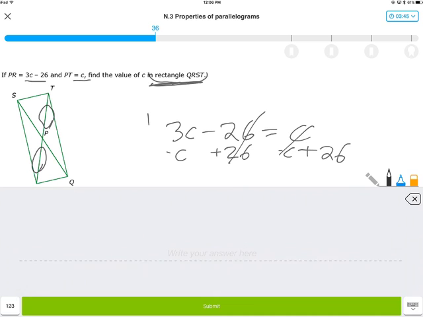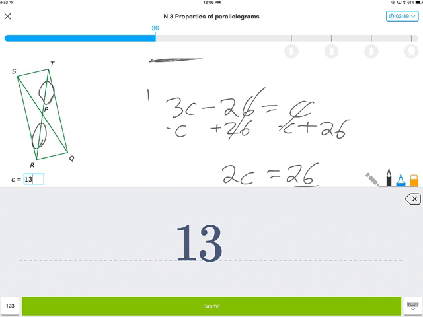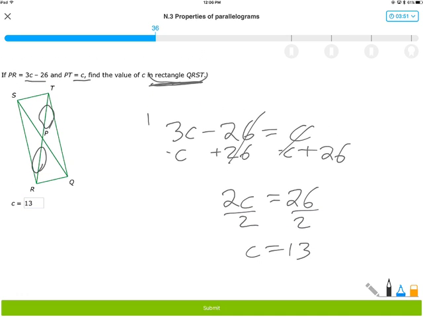Now I said just take it from me that this is a parallelogram. Why is a rectangle a parallelogram? Well, the definition of a rectangle is a four-sided figure with four equal angles, which means they must all be 90 degrees. So think about this. If I have two 90-degree angles, I know these are perpendicular, so the left side and this are perpendicular.